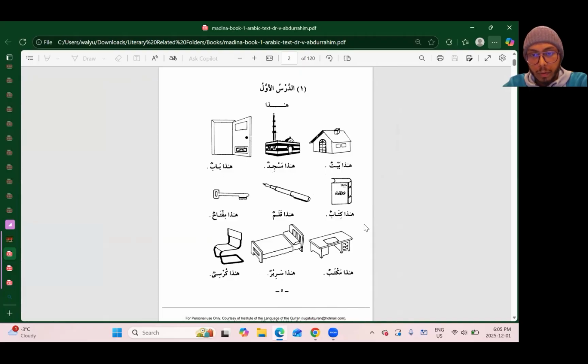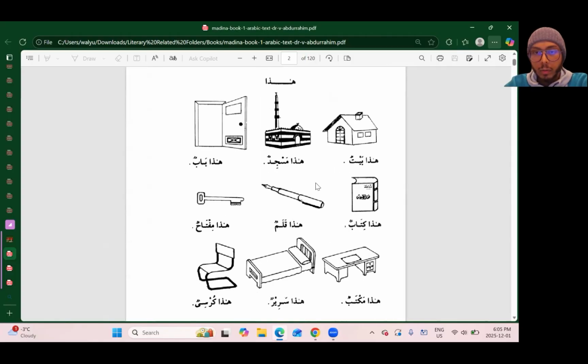This is a door. هذا كتاب. This is a book. هذا قلم. This is a pen. هذا مفتاح. This is a key. هذا مكتب. This is a desk. هذا سرير. This is a bed. هذا كرسي. This is a chair. I'm going to zoom in a bit.